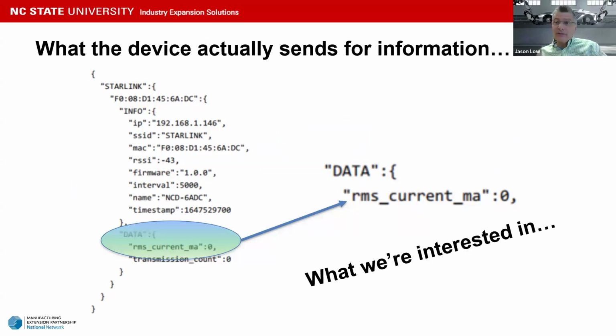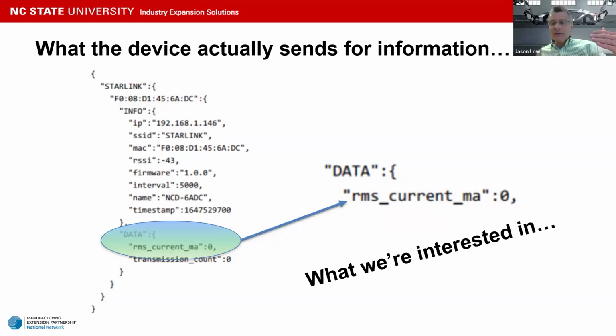It has device-specific information. So remember what I said, a photo eye, a relatively dumb device, is basically going to have what we would call a contact closure, right? So it's either open or closed. There's either something in front of it or not. That's great for a photo eye. But with a device like this, I might want to extract other information from it.